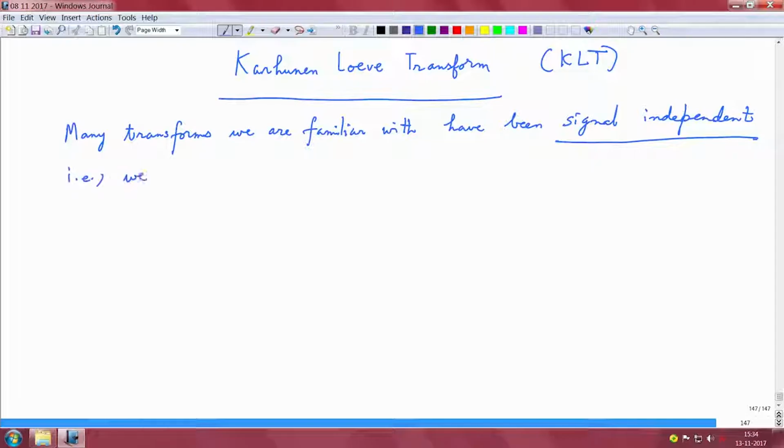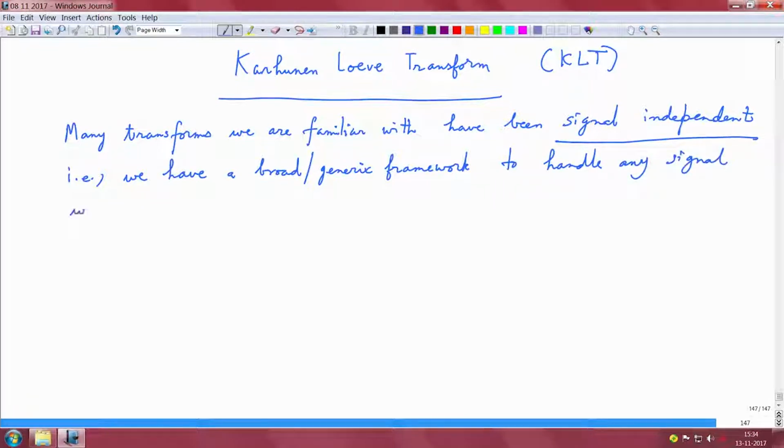That is, we have a broad or generic framework to handle any signal with some properties associated with them.